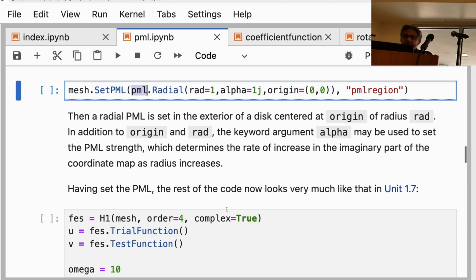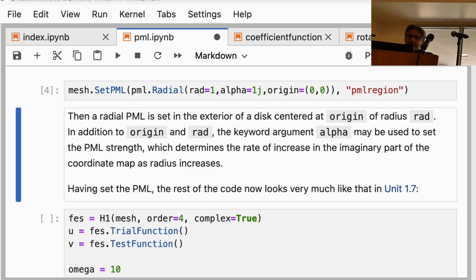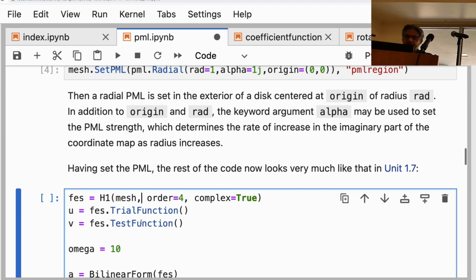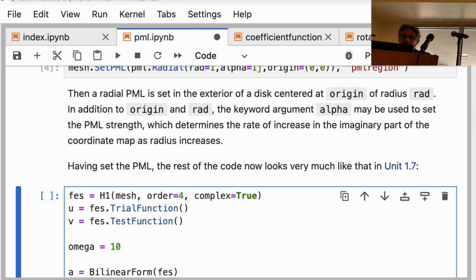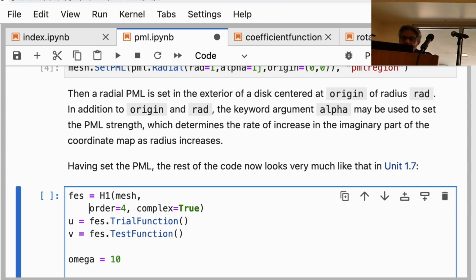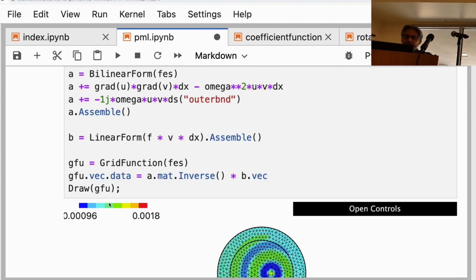Okay, once you set this, the mesh gets a complex transformation. So if you want the mesh to behave like an ordinary mesh without the PML, you might not get the expected results. Once you set the PML, the mesh has this transformation built in, and we make the finite element space, and we solve the problem.